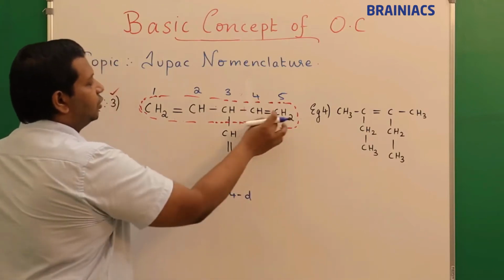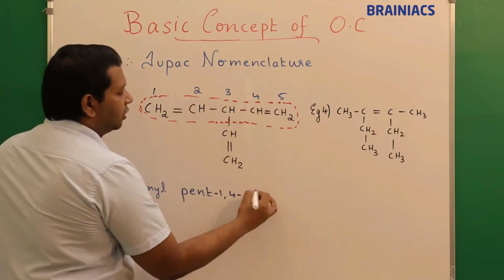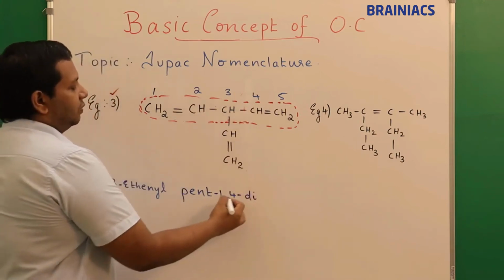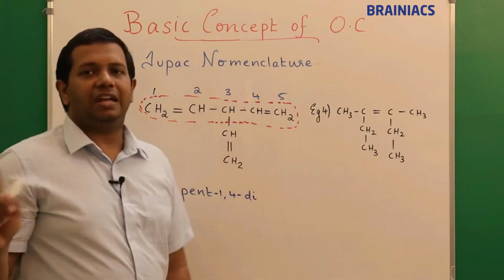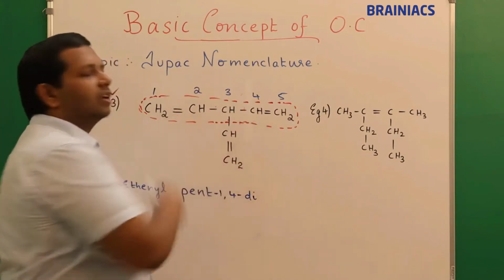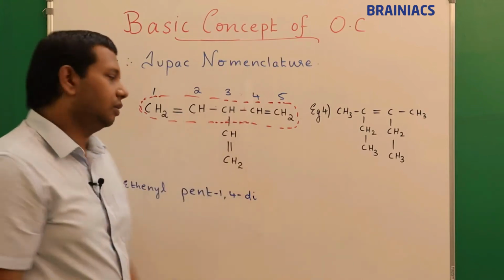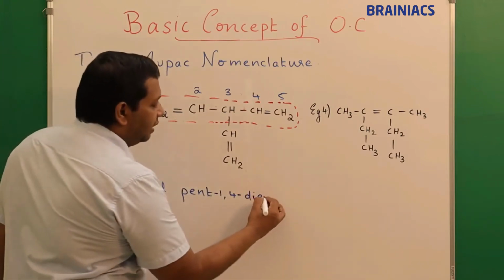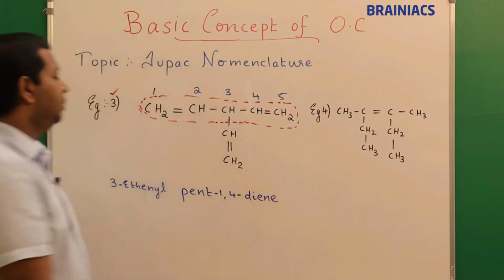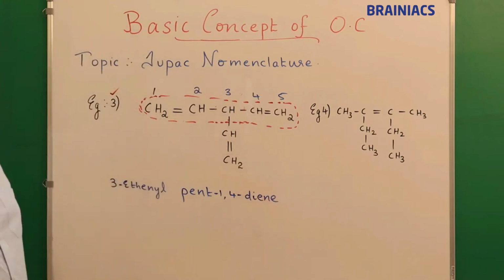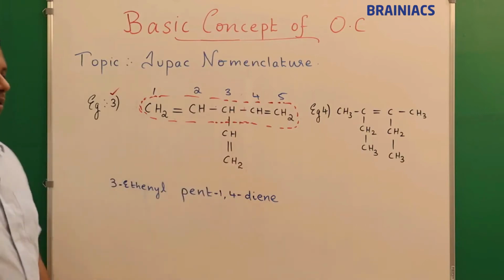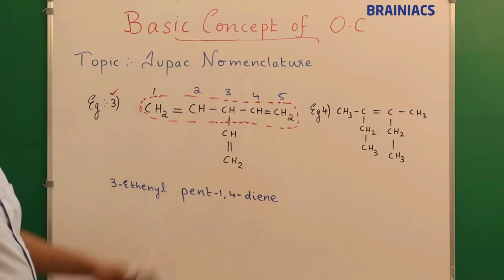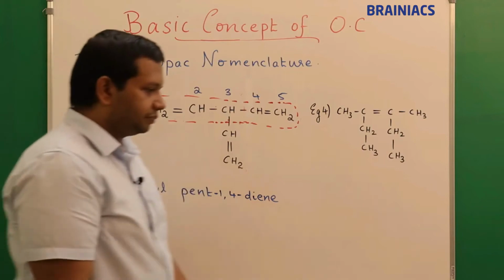We know that 2 double bonds are there, so I will use the term di. So this much will come here. Then we know that primary suffix is ene, yne, ane. So here, since double bonds are there, I will use the term ene. So I can say diene. So this will be the IUPAC name of this compound, 3-ethynyl pent 1, 4 diene. Okay. So next we will try to see the other example.